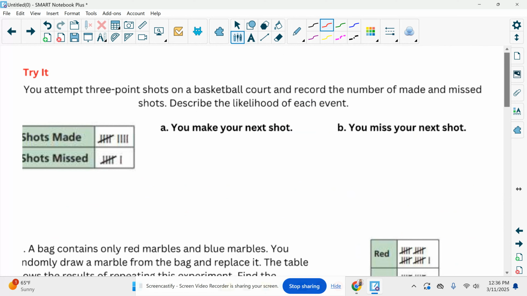We're looking for making the shot. So the number of shots she makes over the total number of shots that were taken. How many times did she make it? 9 times. Out of how many? 15. Out of the total number of shots taken, 15.